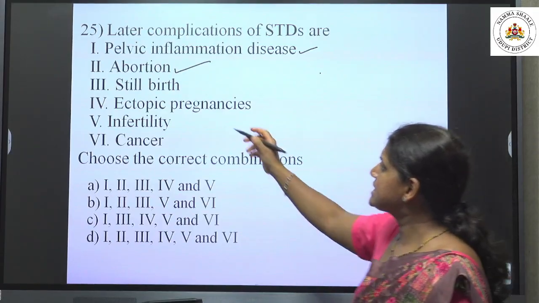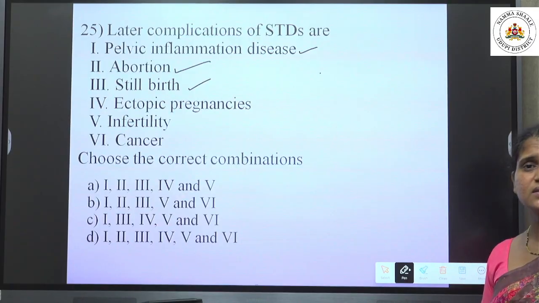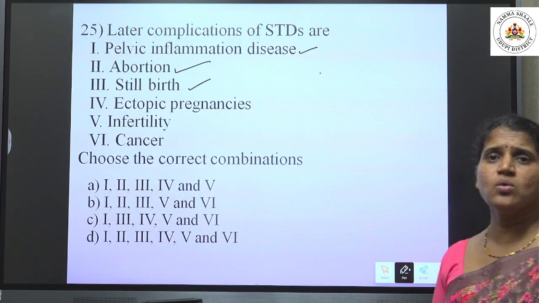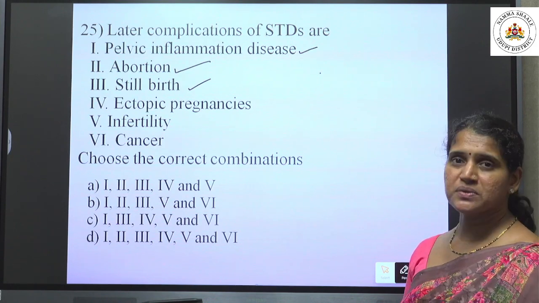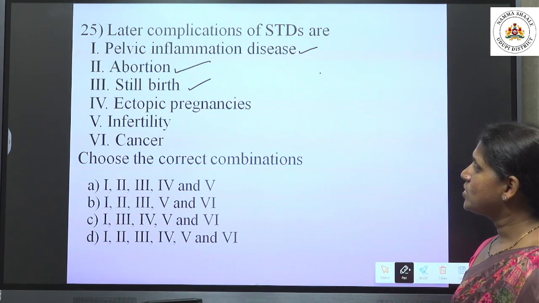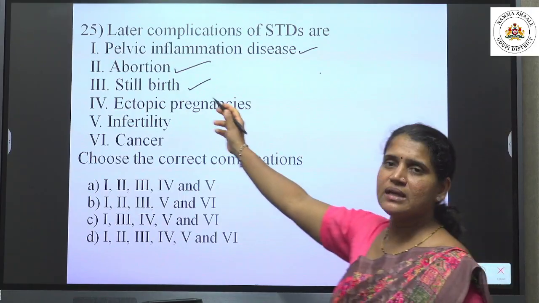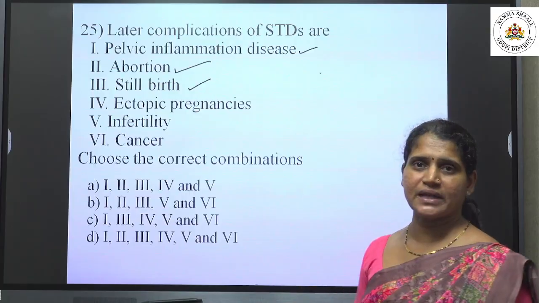And then stillbirth, where the fetus dies within the womb or uterus before birth, within 20 weeks of embryonic development. This is mainly because of genetic reasons or age factors.